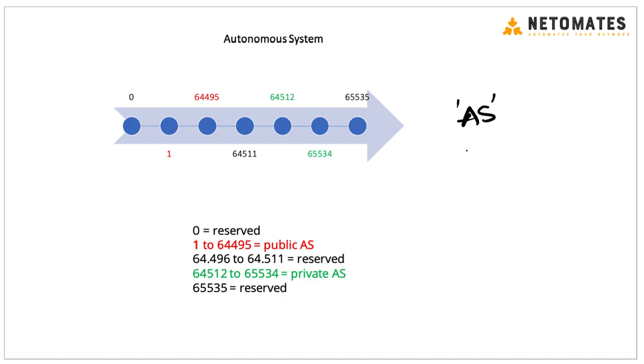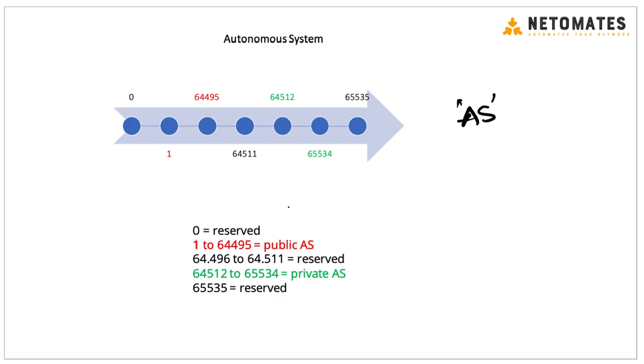BGP is widely used on the internet, where millions of routes are exchanged using the BGP protocol. To have better control, we can divide BGP into autonomous systems, so every organization or company can have multiple AS and manage them.